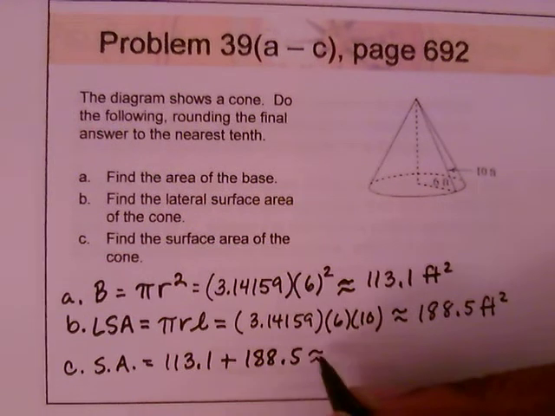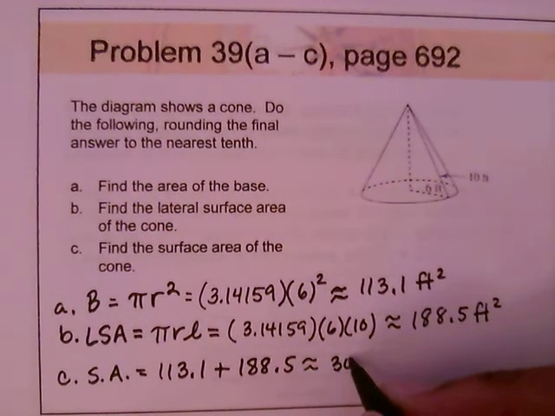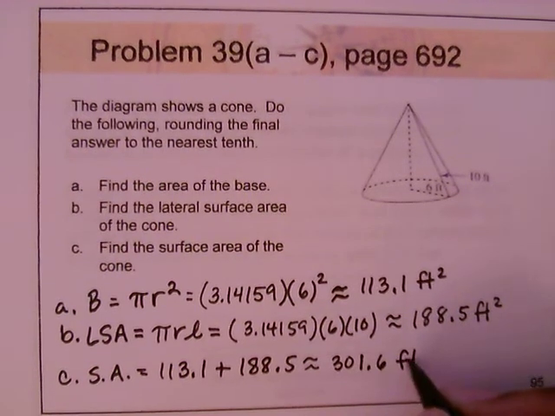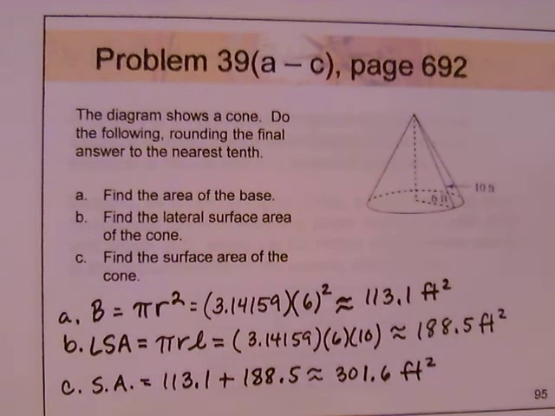If you add those two together, that would be approximately 301.6 square feet. Okay, so that's how we found the surface area of a cone.